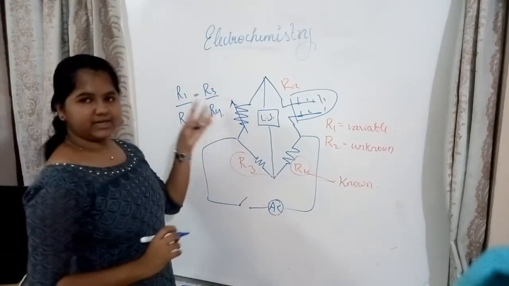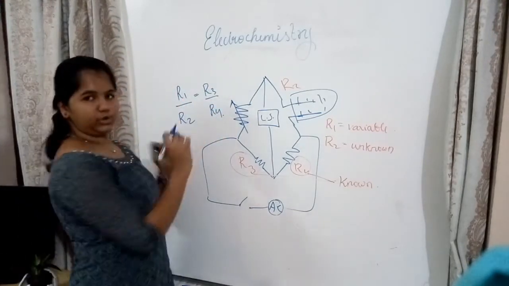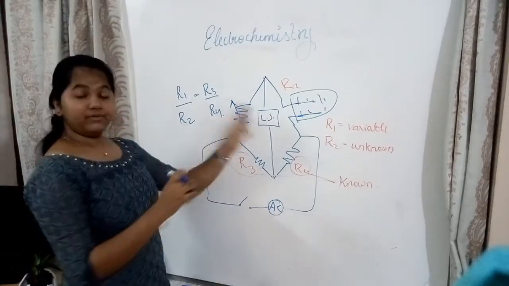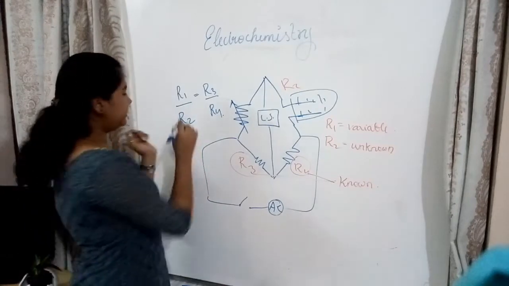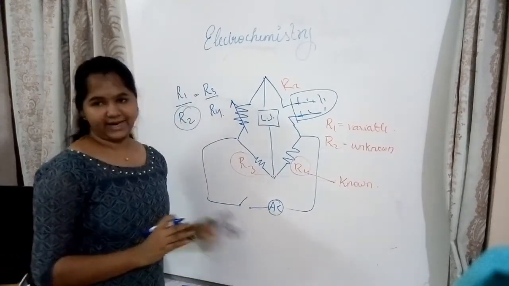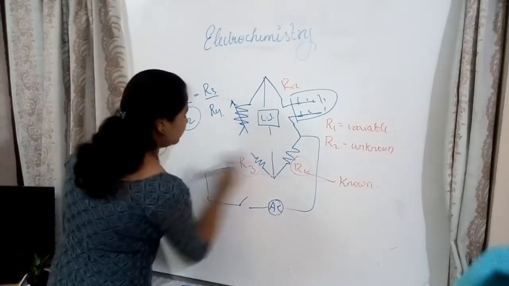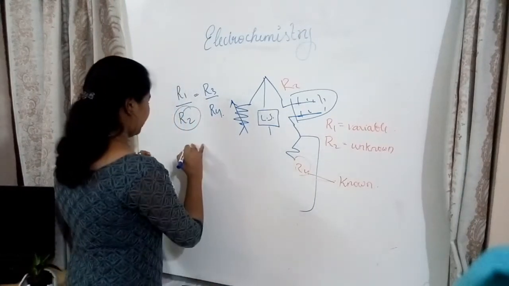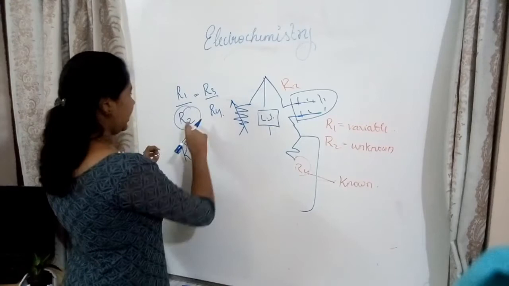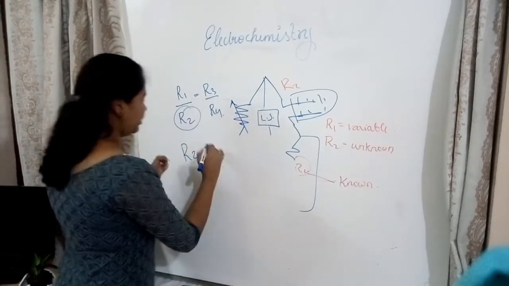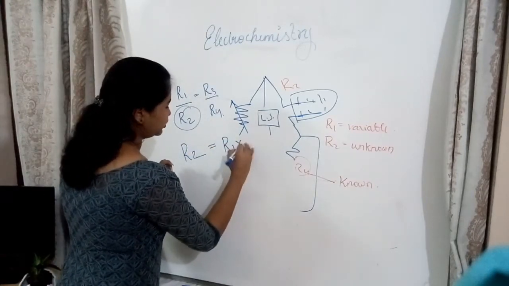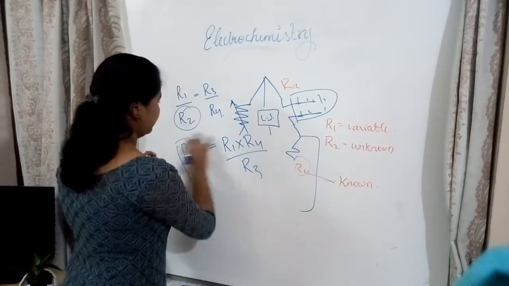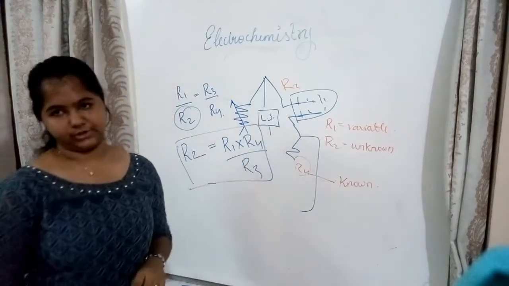We know R3 and R4, and we can adjust R1 and find out R2. So R2 is equal to R1 into R4 divided by R3. This is our equation.